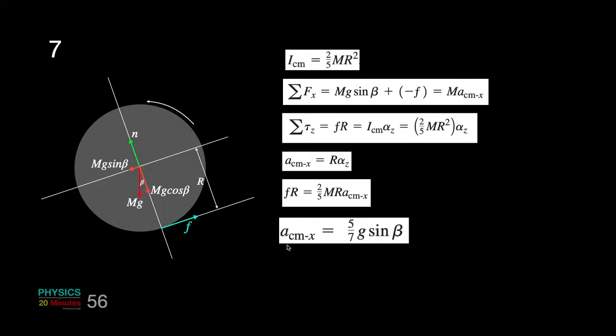So I can solve the acceleration of the center of mass along the x-axis as 5 by 7 g sin beta. Once you know this acceleration, you can put it back in this equation and find the force due to friction also. So you can do that as well.